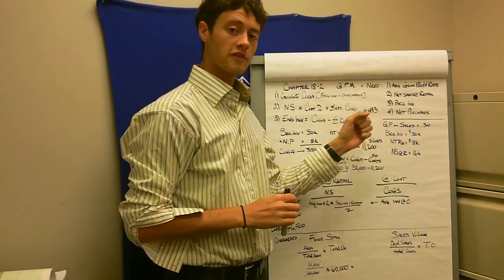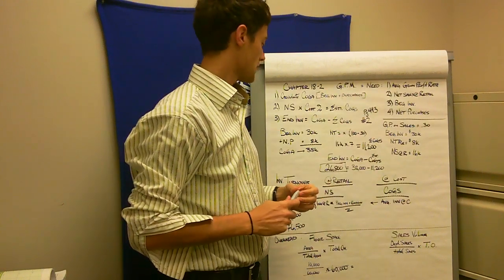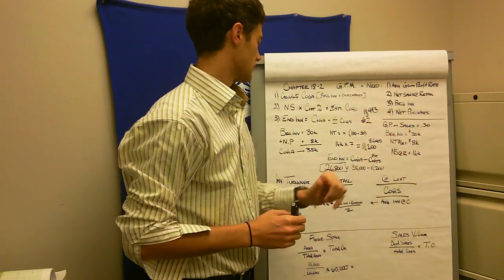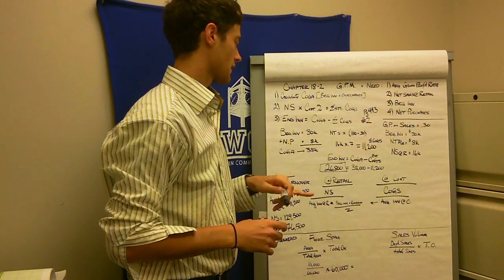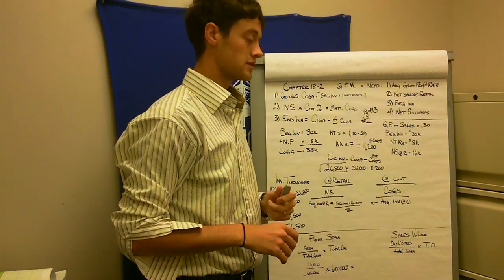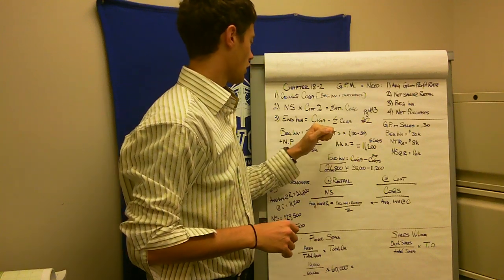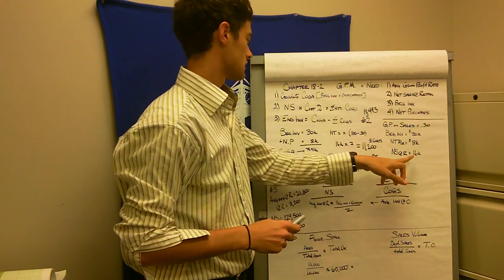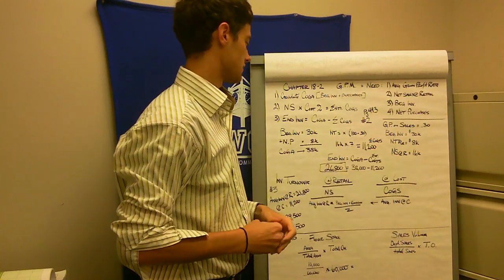So number 2 of extra practice problem 18-2A says we begin, and these are the numbers they give us, with 30,000 and net purchases of 8,000, so we have a cost of goods available of 38,000. Our net sales at retail is 16,000.